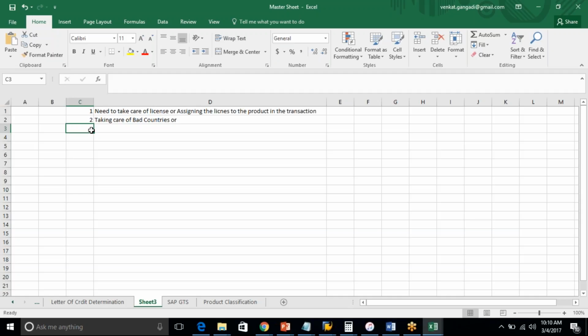So, Venkat, one question. In S4 HANA Enterprise Management, is GTS a separate server, or is it a module inside S4 HANA? No, as of today, SAP is still considering it a separate system, like SAP GTS, SAP Hybris, SAP Ariba, SAP SuccessFactors.